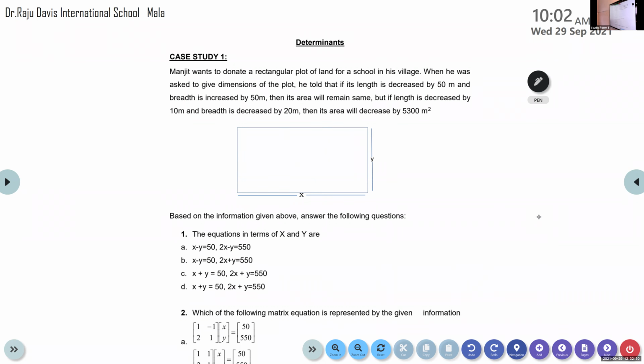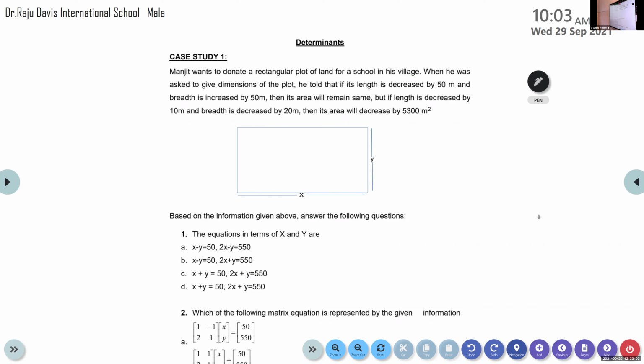When he was asked to give dimensions of the plot, he told that if the length is increased by 50 meters, and breadth is increased by 50 meters, then its area will remain same. But if its length is decreased by 10 meters and breadth is decreased by 20 meters, the area will decrease by 5,300 meters square. Based on the information given above, answer the questions.